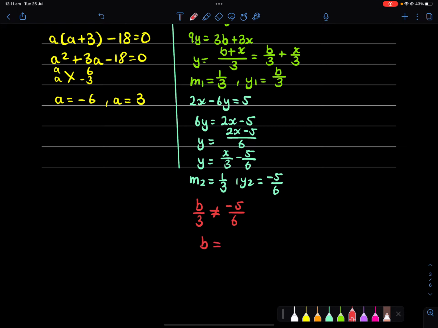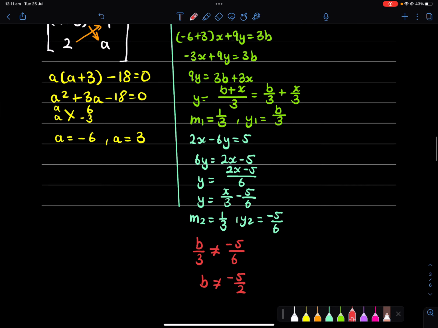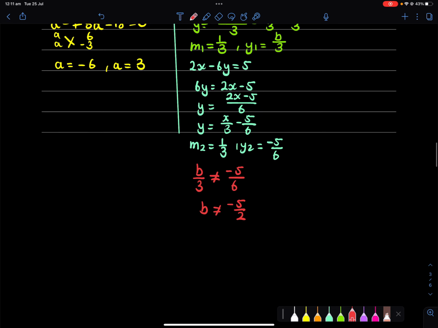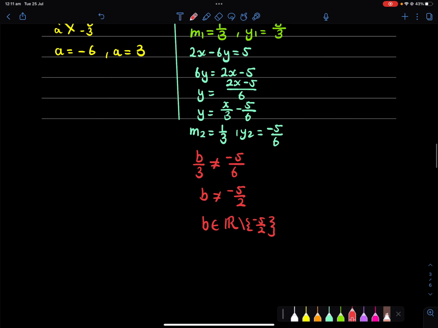Therefore, b must not equal negative 5 over 2. So we can rewrite this as b is an element of all reals with the exception of negative 5 over 2. So that is actually a solution.